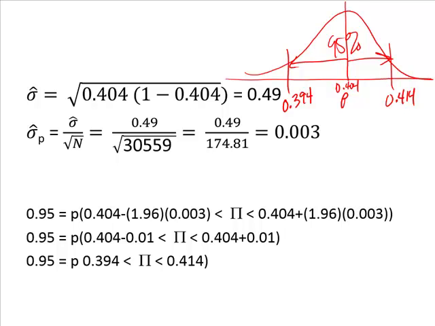So what's the margin of error if we're talking in CNN TV terms here? Plus or minus like 1%, right? Because it's one on each side. That's that right there. Okay?